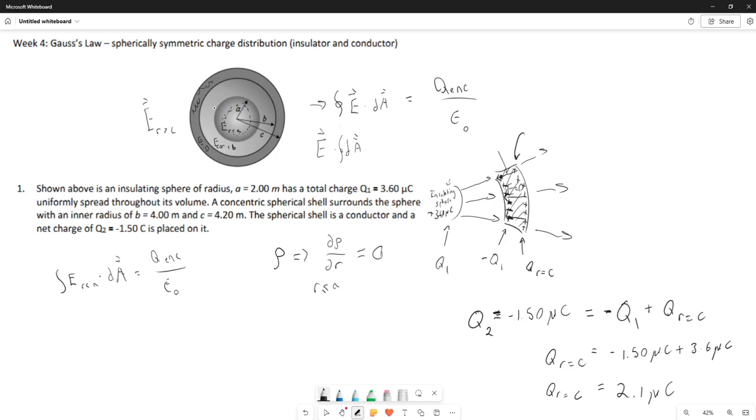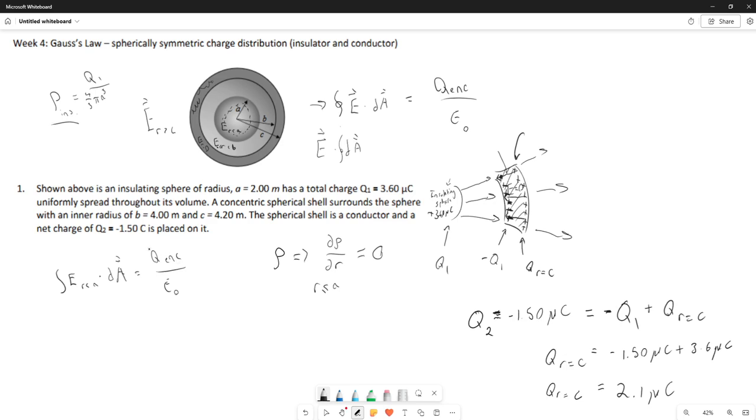And so we can get a charge density for the insulating sphere, and that would be equal to the total charge, which we're given as Q1, divided by the total volume of that sphere. Well, we can just plug in the volume of the sphere with radius A. That's the total volume of that insulating sphere. Now this is great. This is charge density.